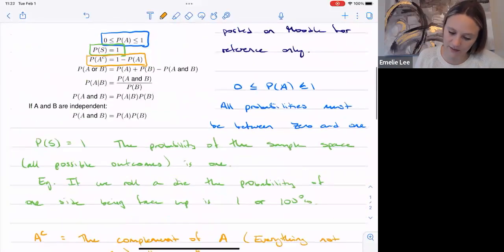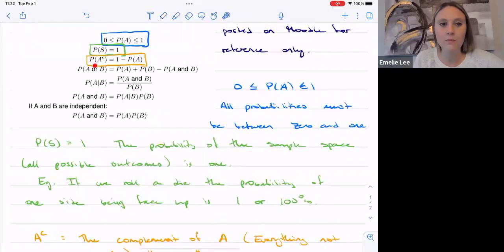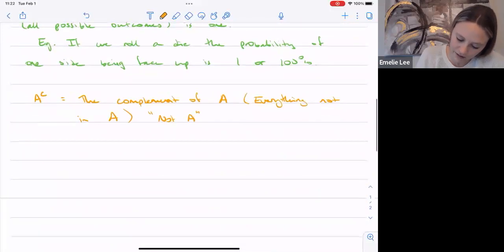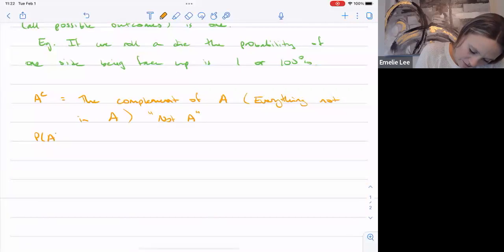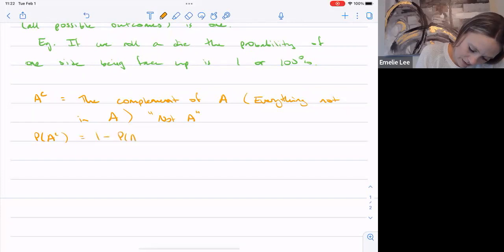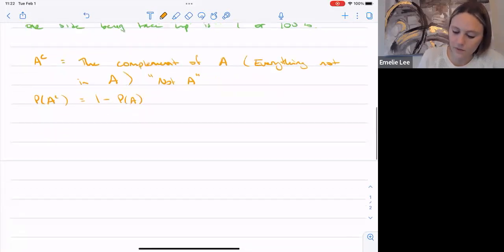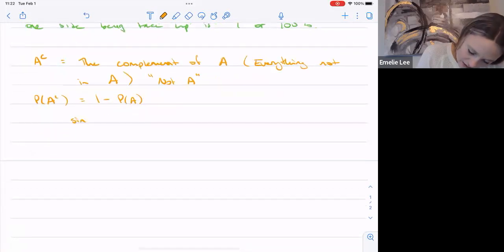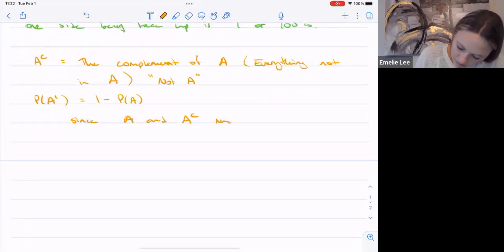And so that's where we get this formula from, but our brains already know this formula, so we don't actually need it. But the probability of not A is 1 minus the probability of A. So the probability of the complement of A is 1 minus the probability of A, right? Since A and the complement of A must make up the sample space.